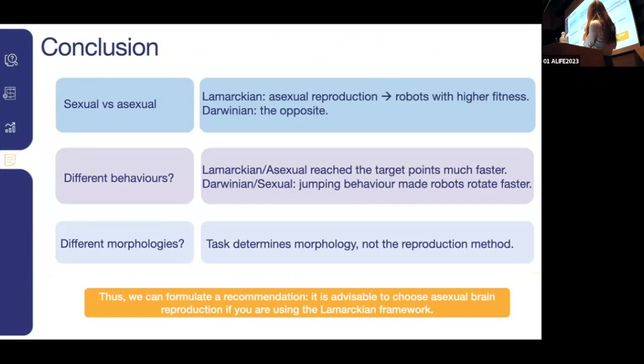Darwinian sexual evolved a jumping behavior, which let the robots rotate faster. With regards to the robot morphologies, under the given experimental conditions, the morphology is mainly determined by the task, not the reproduction method. Thus, we can formulate a recommendation. If you are using the Lamarckian framework, it's advisable to choose the brain asexual reproduction.